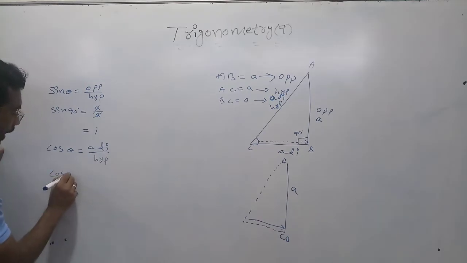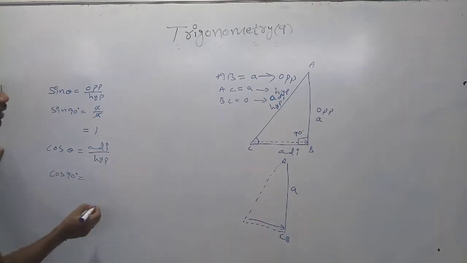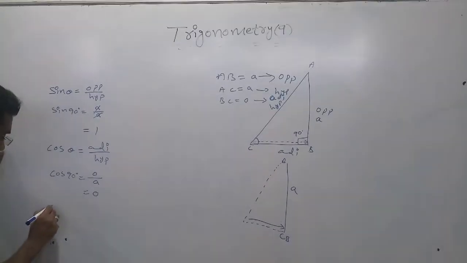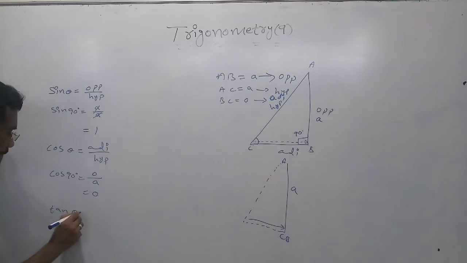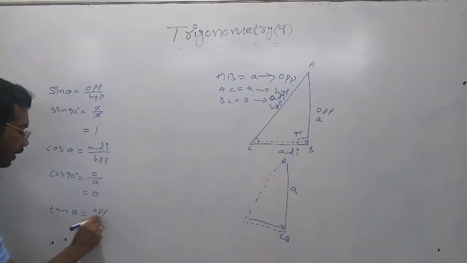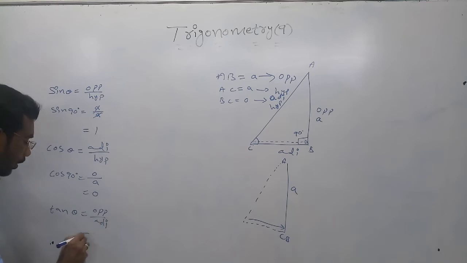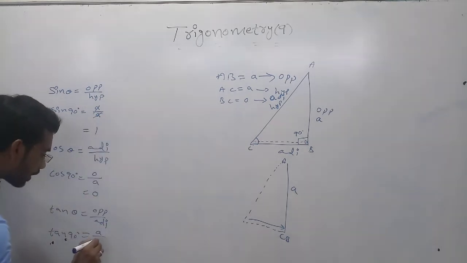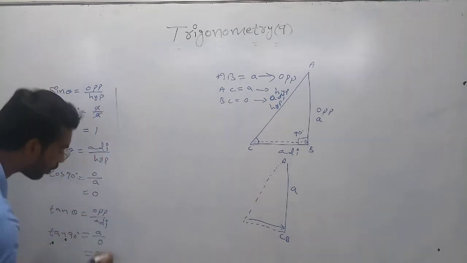Now cos 90 degrees, adjacent is 0 and hypotenuse is A. 0 by anything is 0. Next, tan theta is equal to opposite side by adjacent side. Tan 90 degrees, opposite is A, adjacent 0. A by 0 is an undefined number, that is not defined.